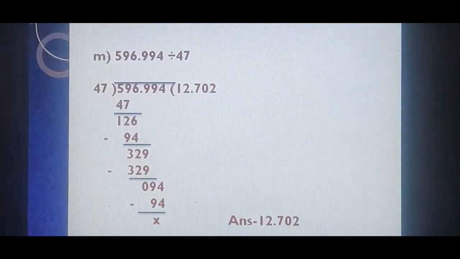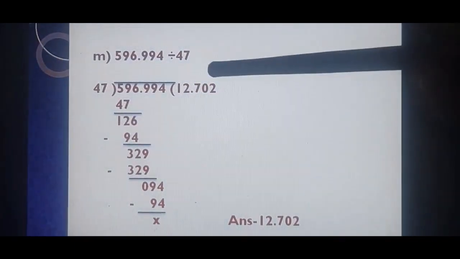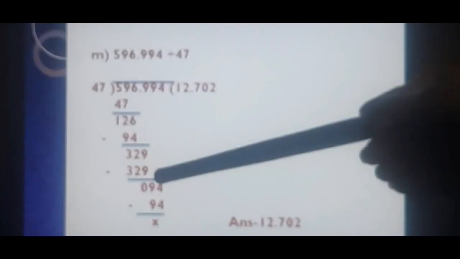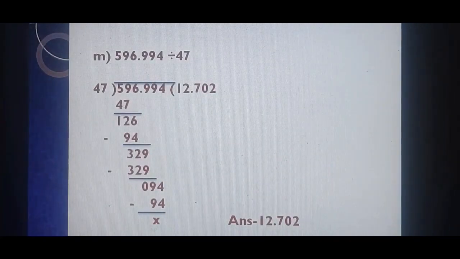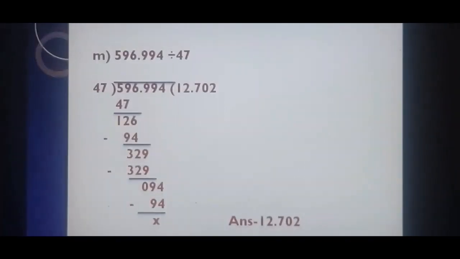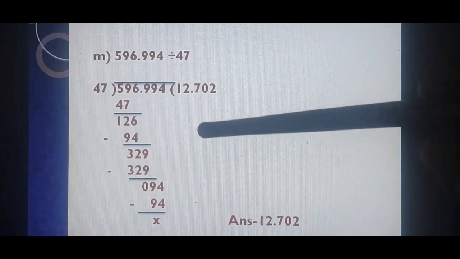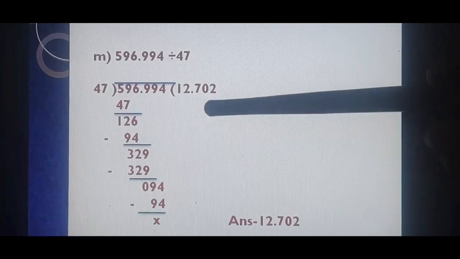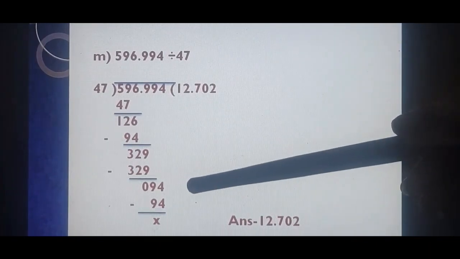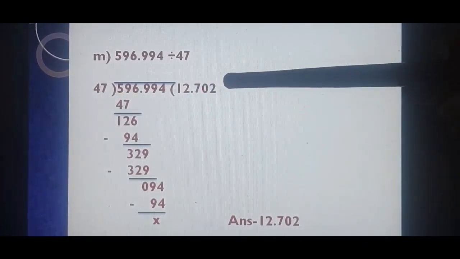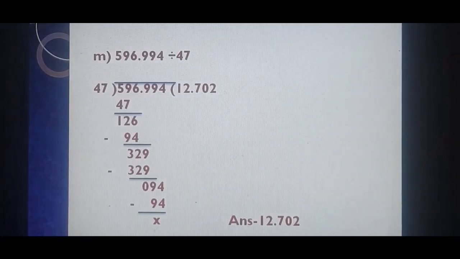Take the next digit 9. 9 is less than 47. So we will put 0 here. We will take the next digit 4. Now 4 we have taken, it has become 94. 47 2s are 94.